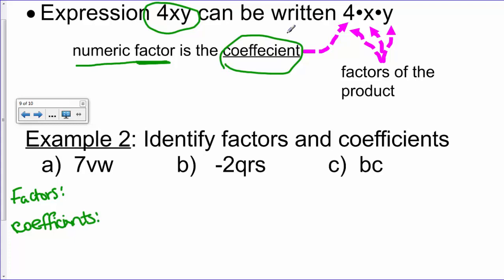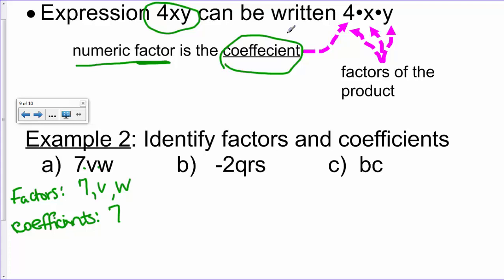Our factors are all things that are being multiplied. So things that are being multiplied here are going to be 7, v, and w. All those are actually being multiplied by one another. And our coefficient is the numeric factor, and in this case that is 7.